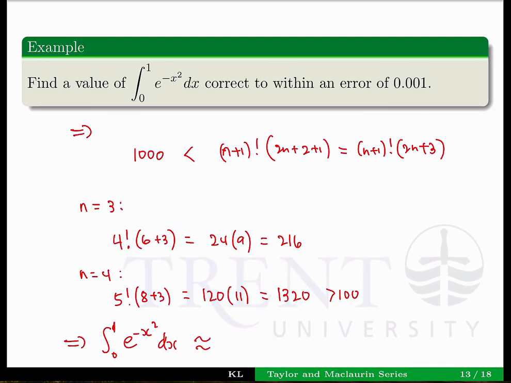So the sum from n equals 0 up to 4 of negative 1 to the n over n factorial times 2n plus 1. Okay?